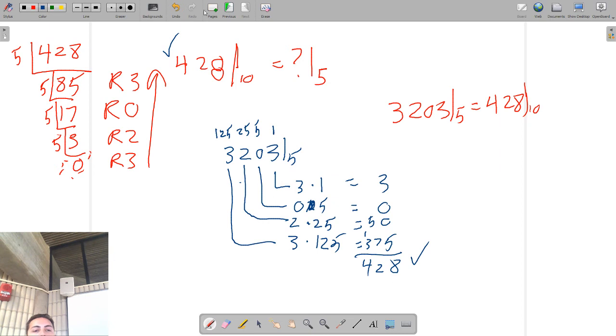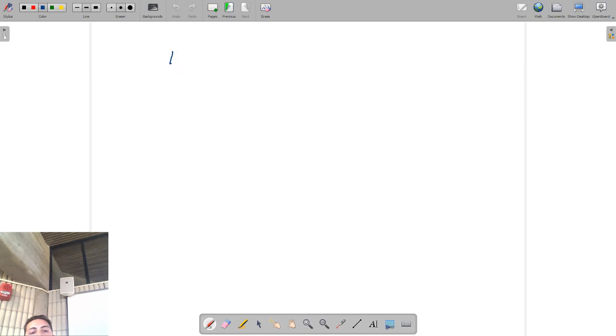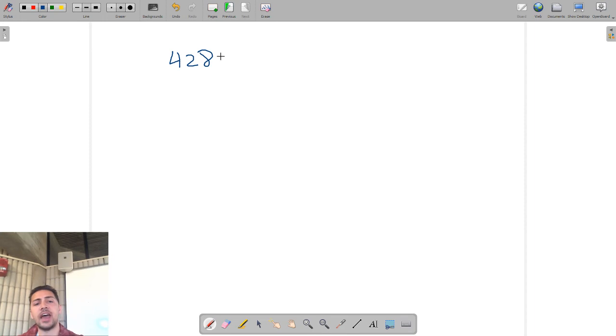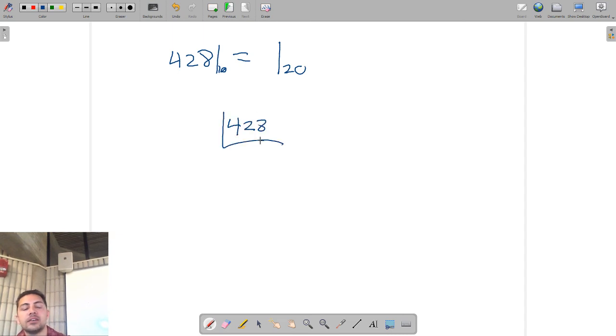Let's do one more with 428. 428 base 10 to base 20. Base 20. How do we do that? Yeah, 428 divided by 20. I don't know if I'm going to get anything good out of this. I was hoping I would.